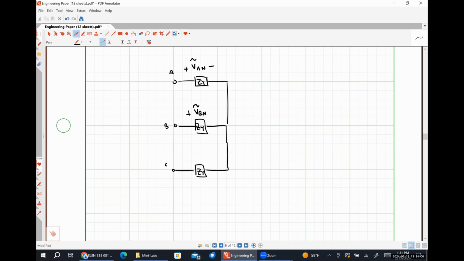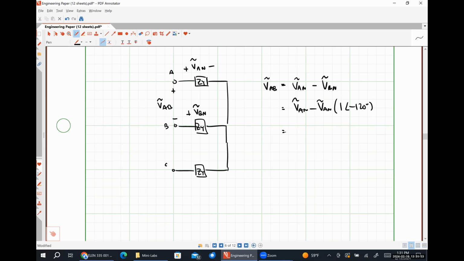This is the voltage VBN. This is the voltage VAB. You don't need literally any numbers at all, really, right? So I can see by writing a Kirchhoff's voltage law equation that VAB is just equal to VAN minus VBN, which is VAN minus VAN times 1 angle negative 120 degrees.